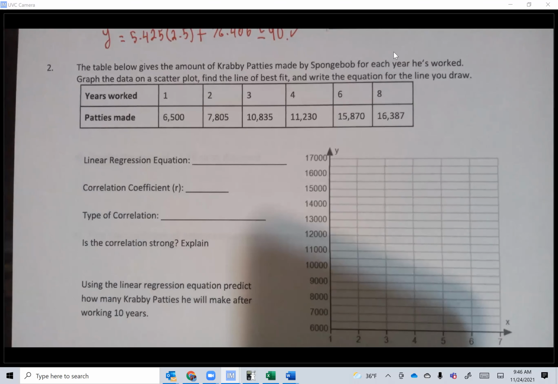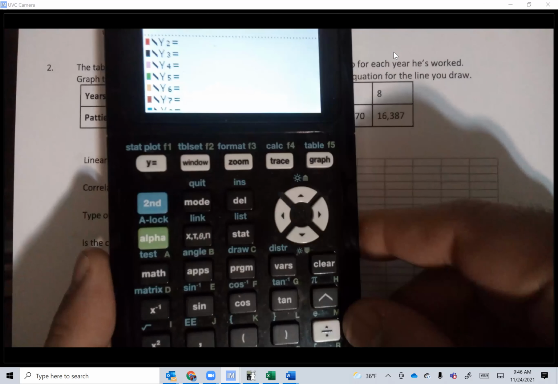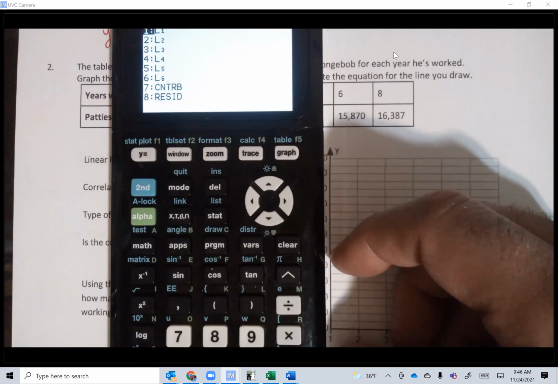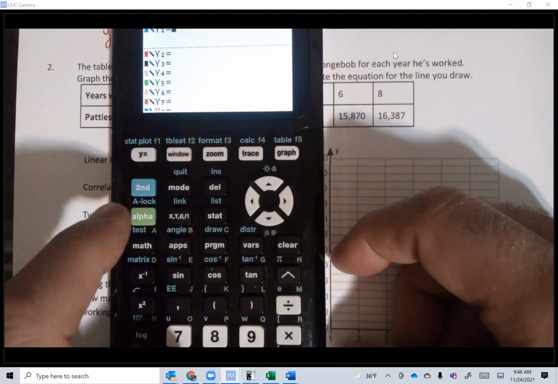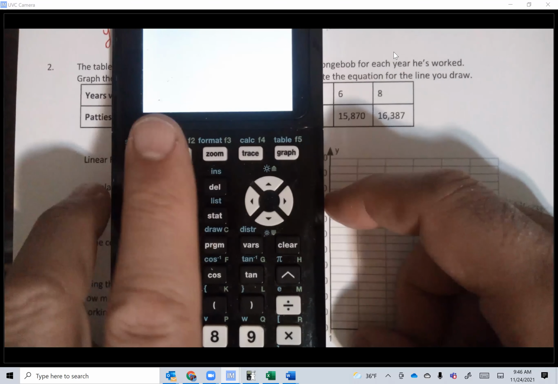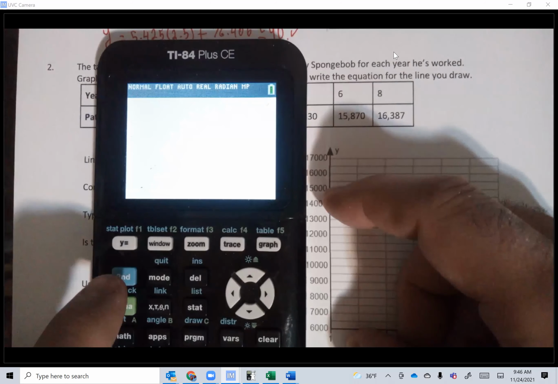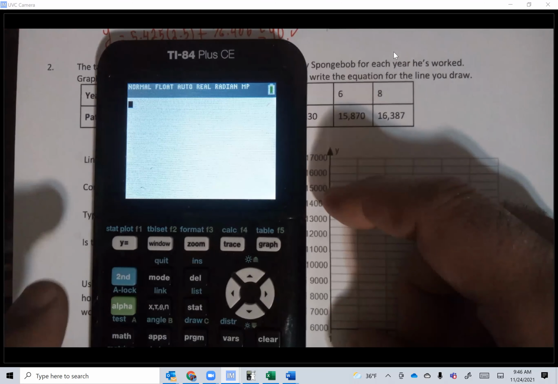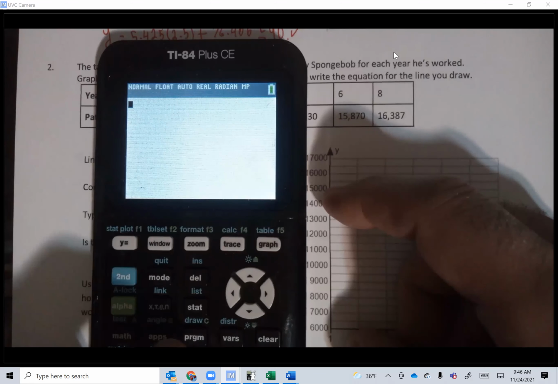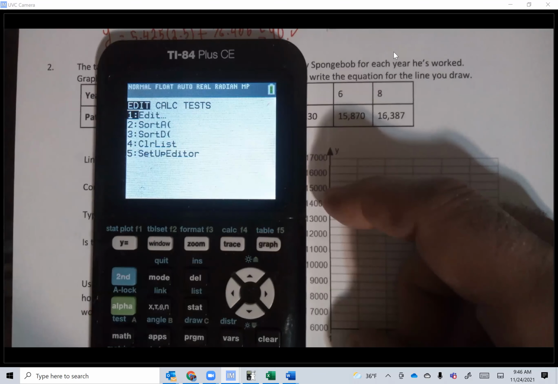So I'm going to clear. Here's how you clear the lists, guys. Let's do that step by step. Go to stat. Oops, sorry. Let me quit. Here's how you quit. If you want to quit a screen, guys, you just go second and mode, and then you can quit. So I'm going to go stat, edit, and look.